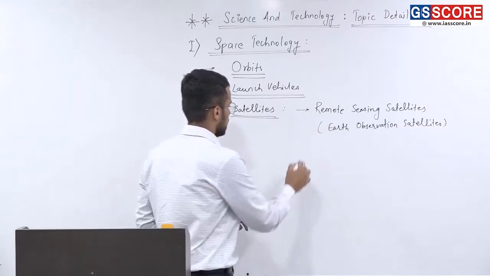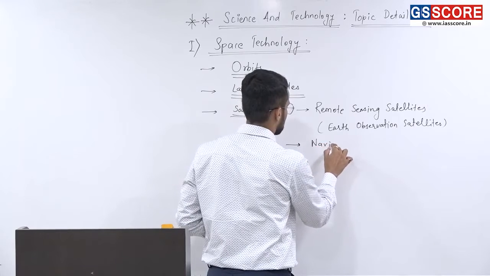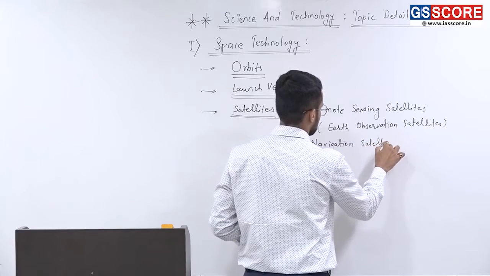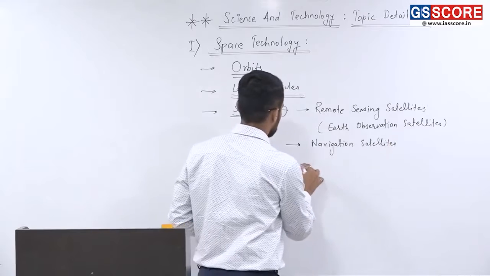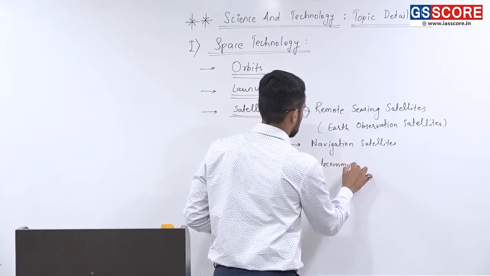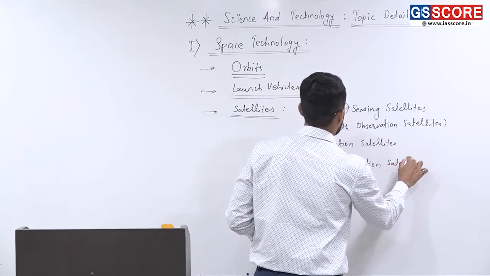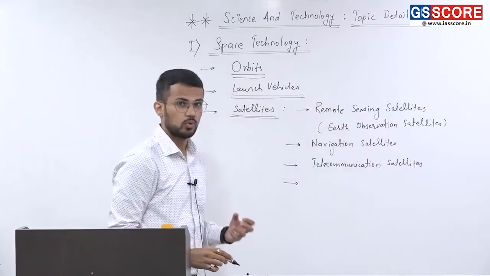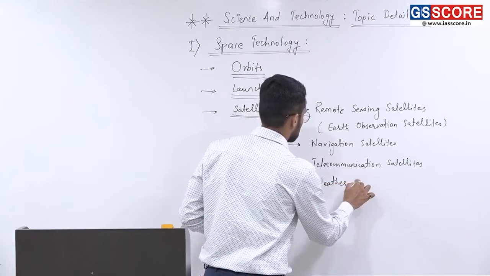That is first. Then we also have navigation satellites. Then third type of satellites that we have is telecommunication satellites. Then we also have weather forecast satellites or weather satellites.